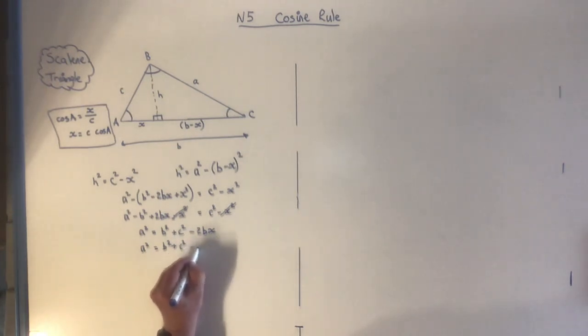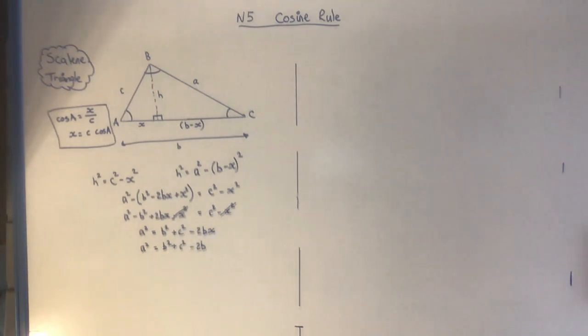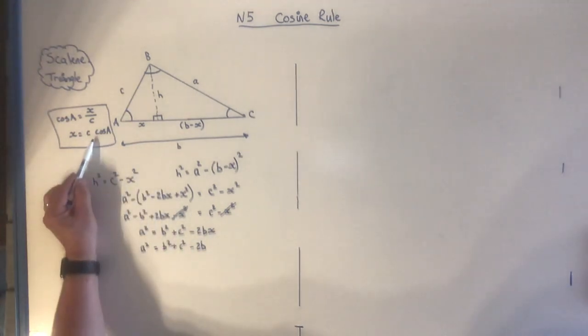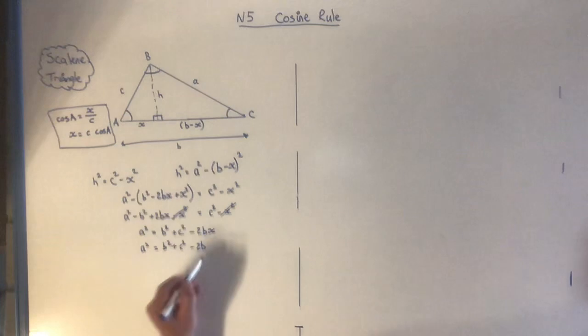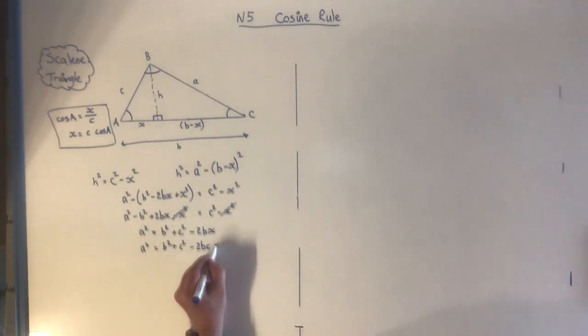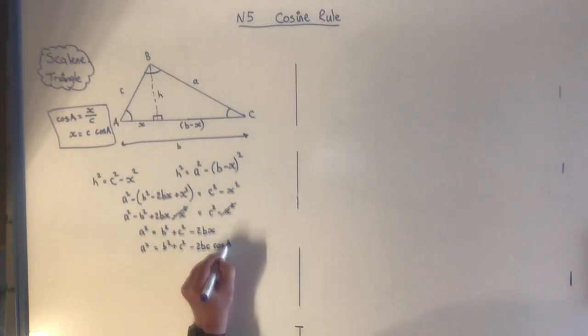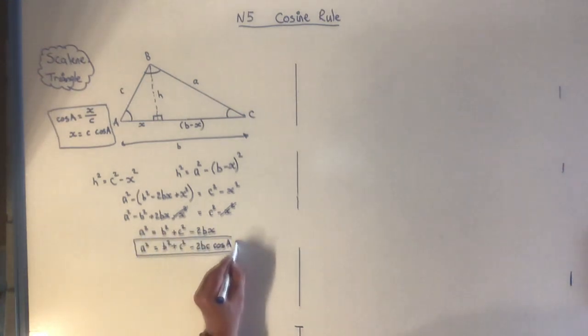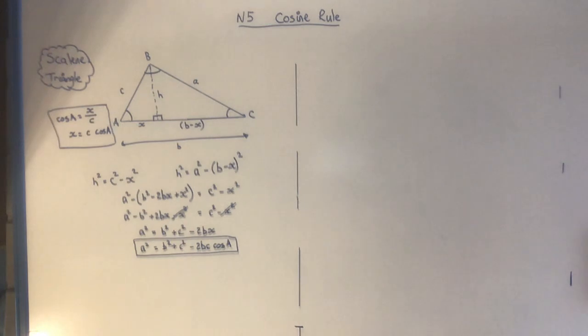But we don't want the x in it. So the x that we have here is equal to that up there that I've just defined. So we shove in c cos A. Okay, and that's the formula that you're given at National 5 based on that diagram.